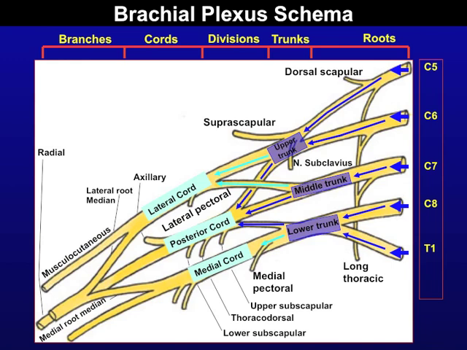We look next at the terminal branches of the medial cord, the medial root of the median nerve, and the ulnar nerve. The lateral and medial roots come together to form the median nerve that will innervate most of the muscles of the forearm and the thenar eminence.